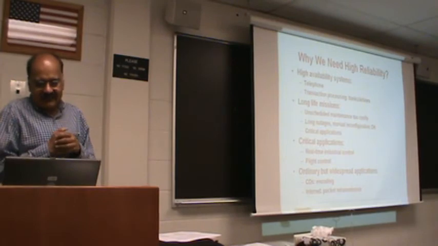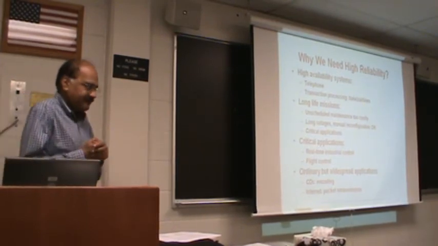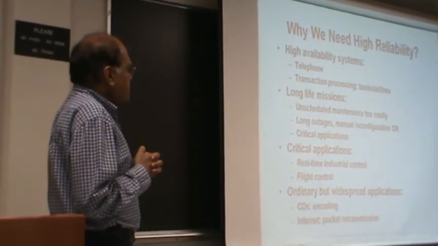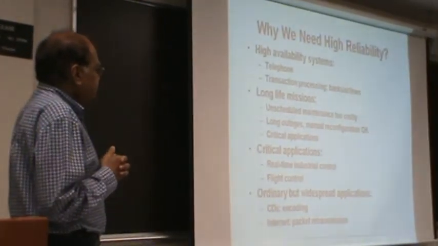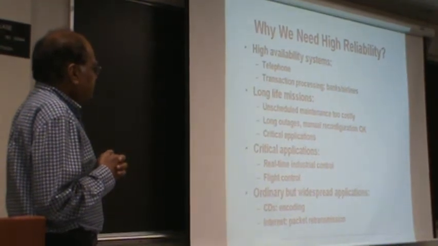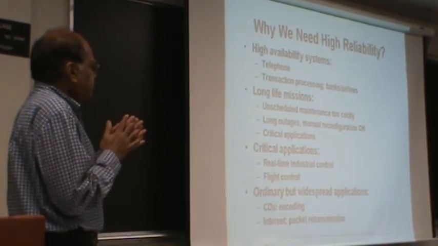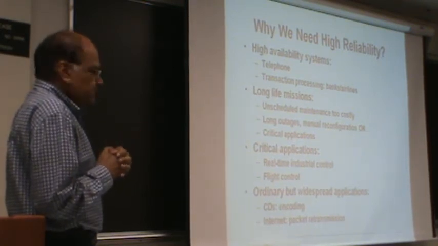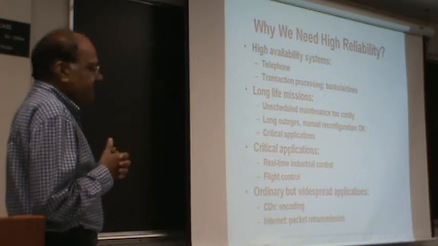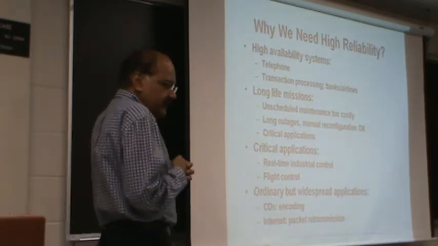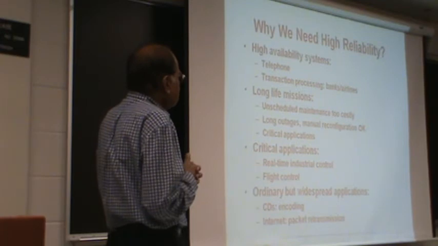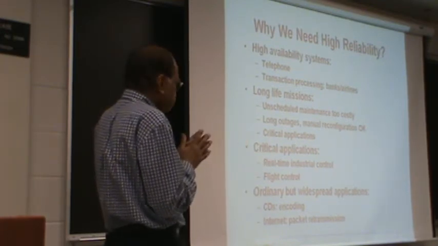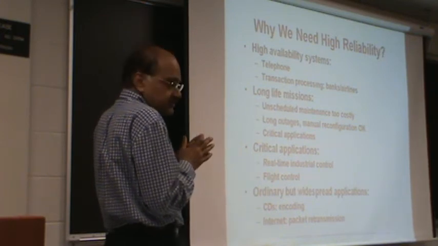Okay, why do we need high reliability? I guess maybe 20 years ago, this slide was needed more. Today, people know that you need high reliability, but a while ago, people needed convincing. You need high reliability for telephone switching.